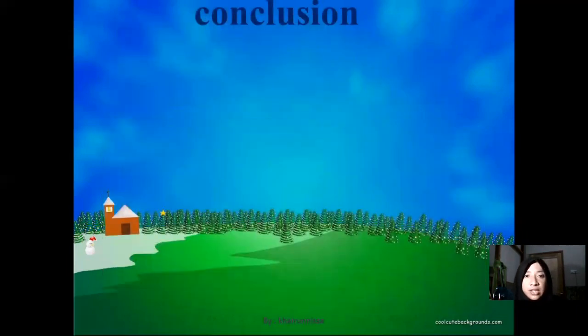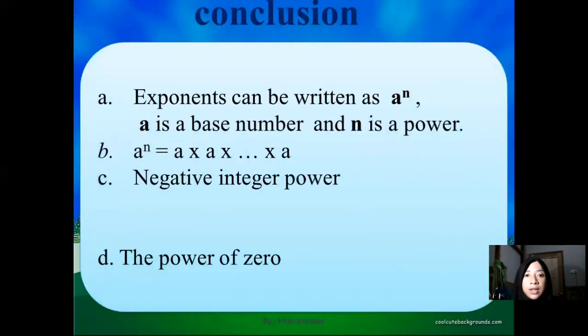And conclusion. A, an exponent can be written as a to the power of n, where a is the base number and n is the power. B, a to the power of n equals a times a times a times, etc., n factors.